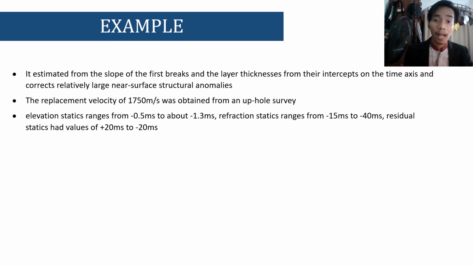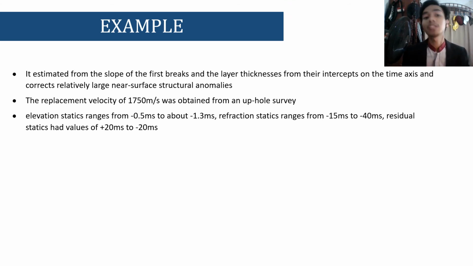So for the uphole correction, the replacement velocity was about 1,750 meters per second, which was obtained from an uphole survey. The elevation, or so-called tomographic statics, range from negative 0.5 millisecond to about negative 1.3 millisecond, while the refraction static for the short wavelength and the long wavelength were about negative millisecond to negative 40 millisecond.